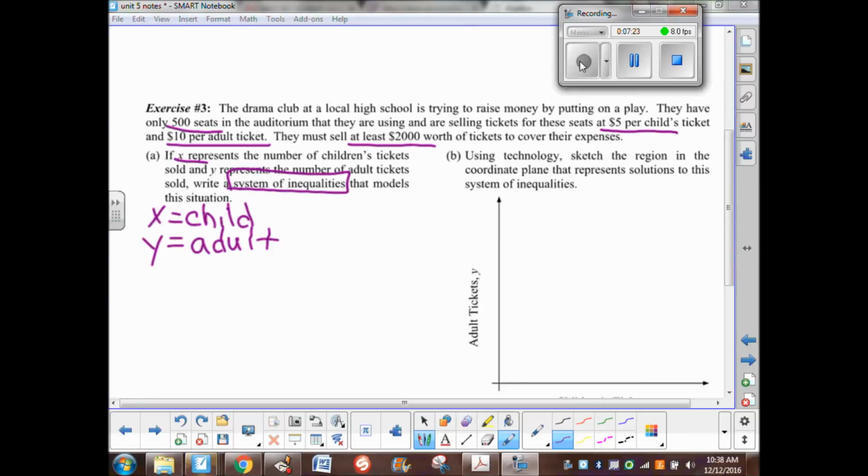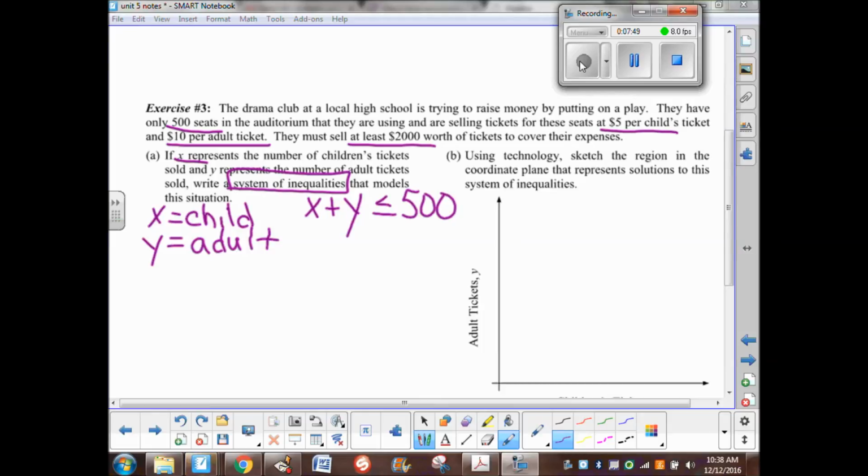So the beginning part gave us that situation. If you think about X's and Y's, those are our seats, the child seats and the adult seats, and how many seats are in this auditorium. It says there are only 500 seats in the auditorium. So if we're going to write an inequality, we've got to say child plus adult has to be less than or equal to 500. We don't have any more seats than that.